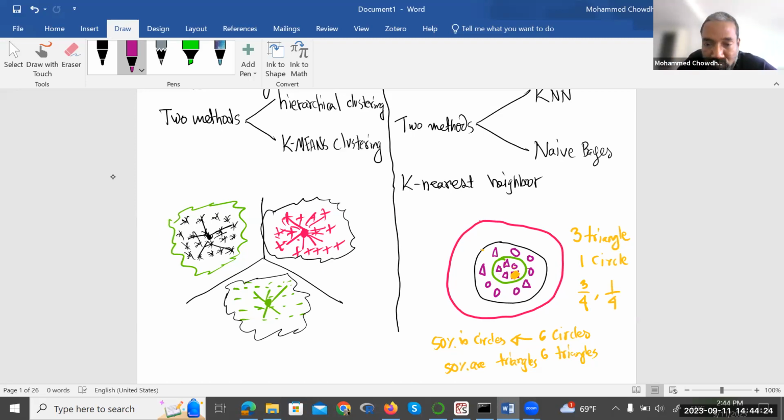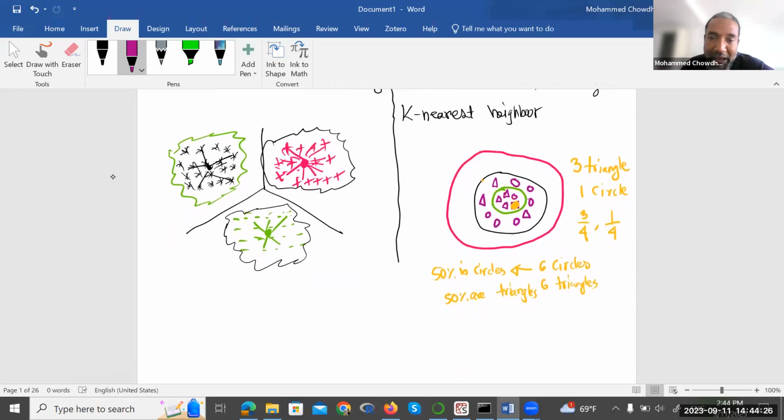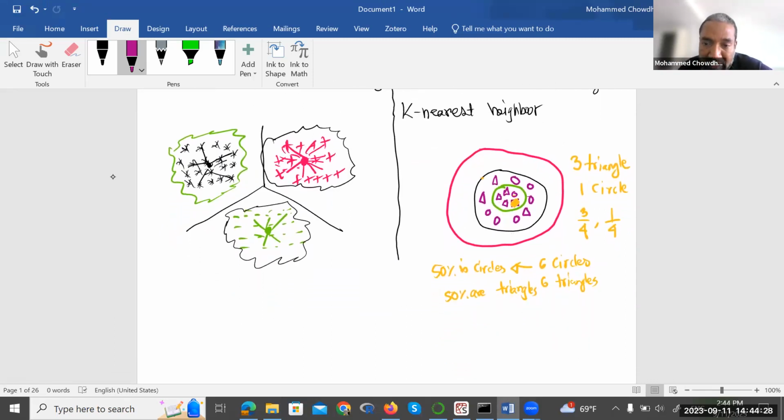So in order to do that, what formula do they use in KNN? They compute the distance from the point on which we want to predict. They compute the distance this way, K nearest neighbors. After computing the distance, then they will decide.